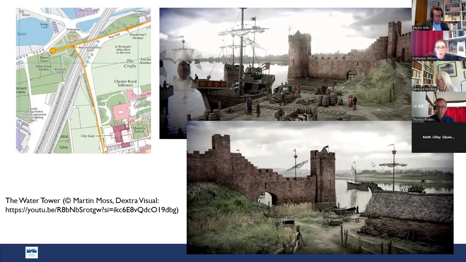So the Water Tower for me is always a reminder of Chester's role as a node in a network of international cities, and in particular a node in two interlinked routes: via the Irish Sea to the Atlantic seaboard of France and Spain, and via London to the Low Countries and Germany.